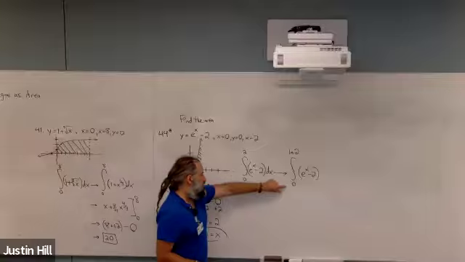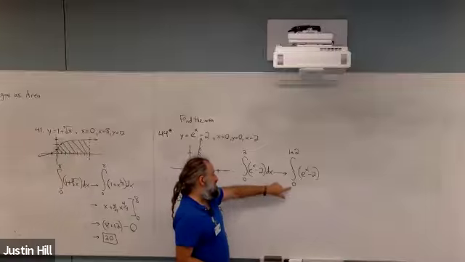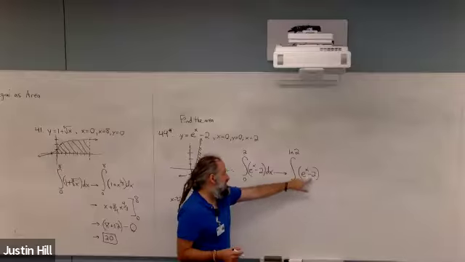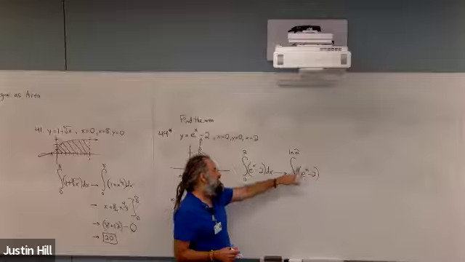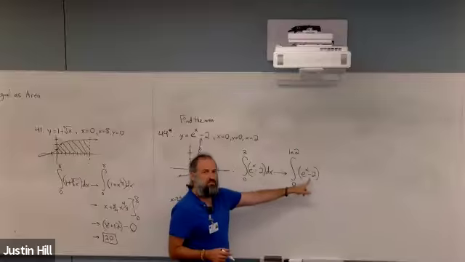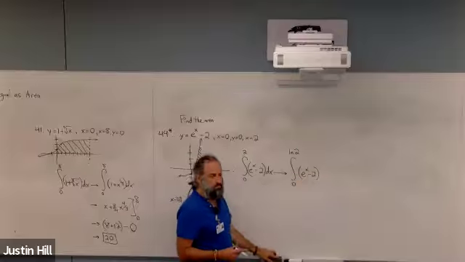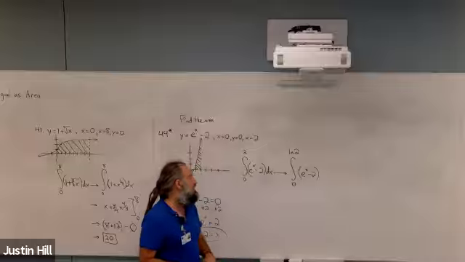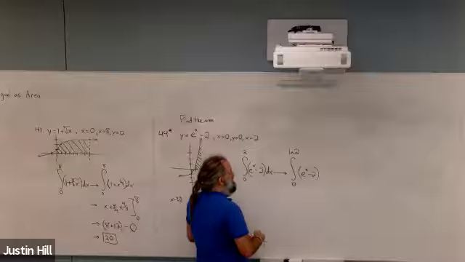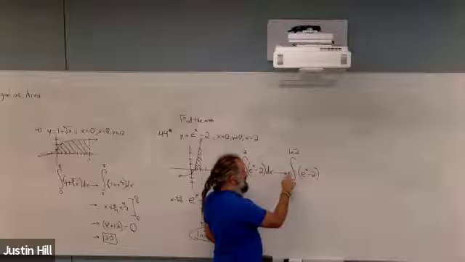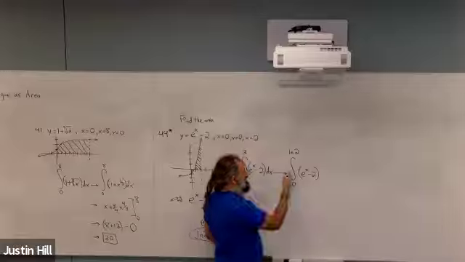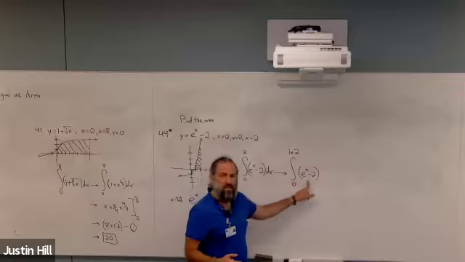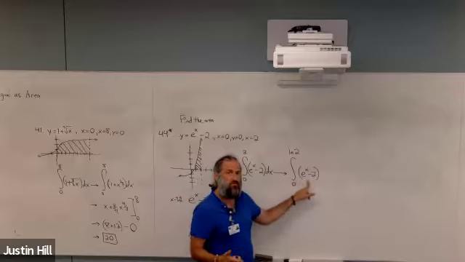The one thing you're going to have to remember as you work this problem is that this is still going to give me negative values, which means this calculation is going to give you a negative area, which doesn't make any sense. The area is positive. So you need to adjust this calculation. If you know you're going to get a negative out of here and you want to turn it to positive, what would you do?